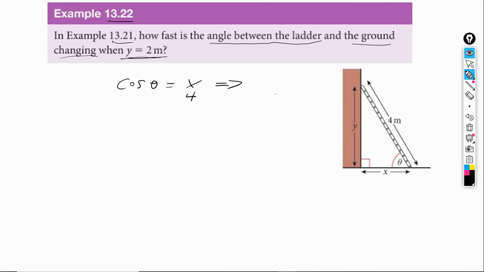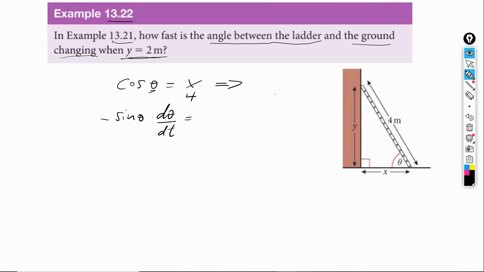The derivative of cosine of theta is going to be minus sine of theta. But because we're doing implicit differentiation with respect to time, we also have to do the derivative of the inside. In other words, apply the chain rule. So it's going to be negative sine of theta times the rate of change of the angle, which is what we want to find.